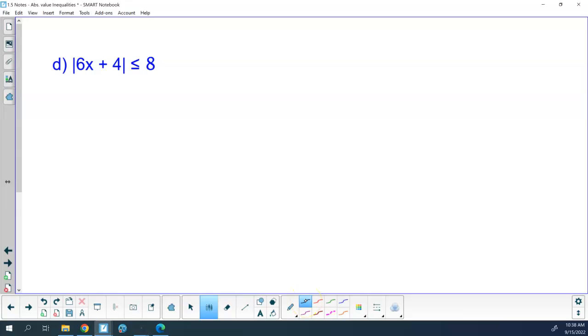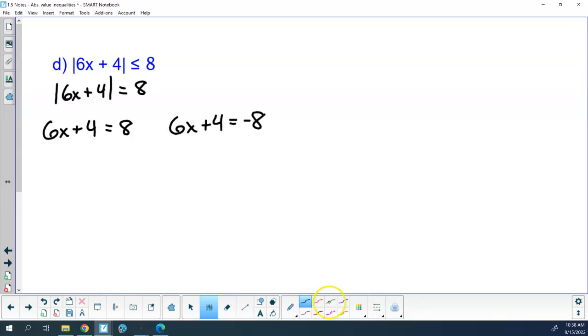So I'm thinking this is like the absolute value of 6x plus 4 equals 8. So I'm thinking 6x plus 4 equals 8, and 6x plus 4 equals negative 8. So then I'm going to subtract 4. That's going to give me 6x equals 4, and 6x equals negative 12. Then I'm going to divide by 6.